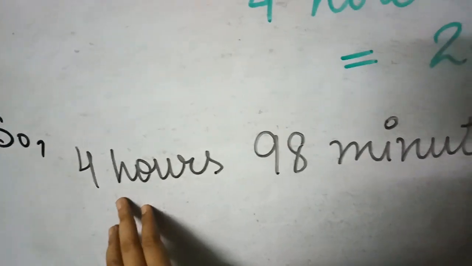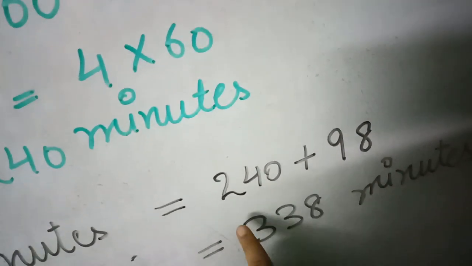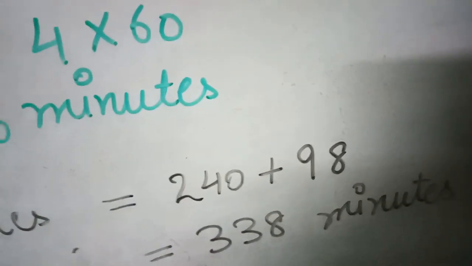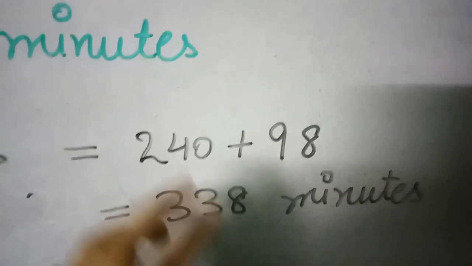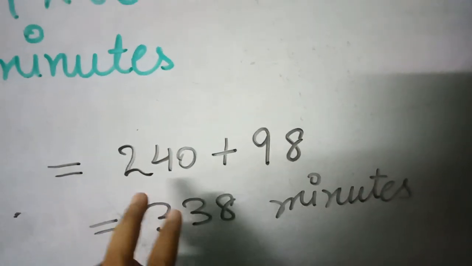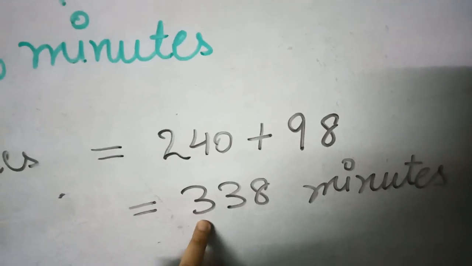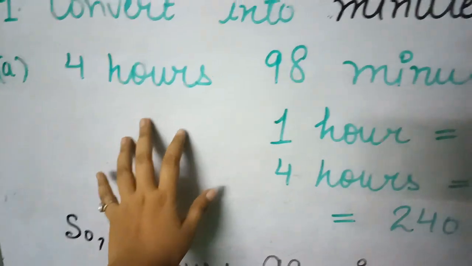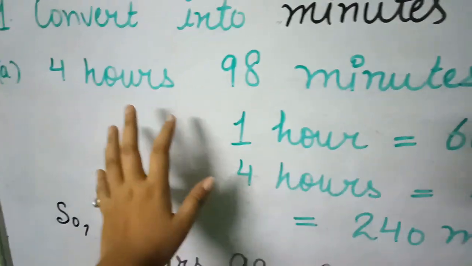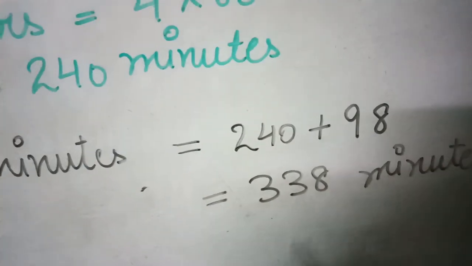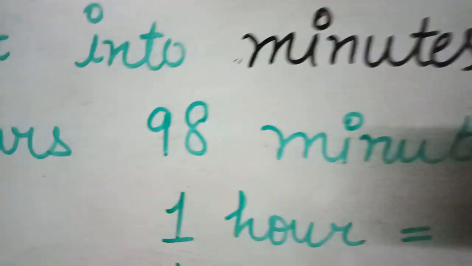We convert the 4 hours into 240, and 98 minutes we have. Then we add these, right? When we add these two, we have 338 minutes. So after converting 4 hours 98 minutes into minutes, we have 338 minutes.